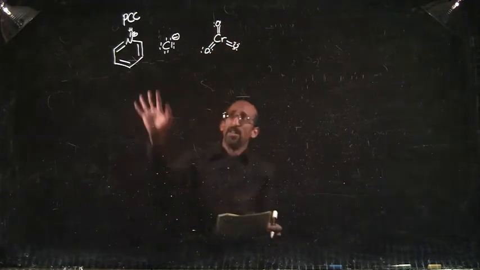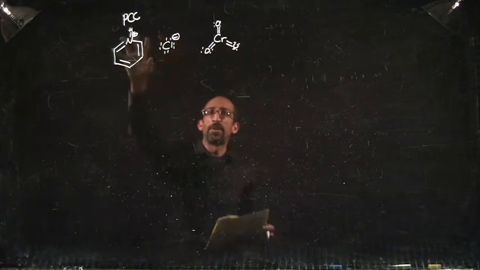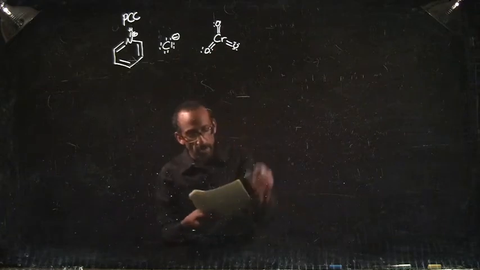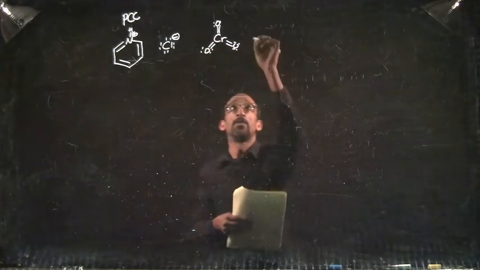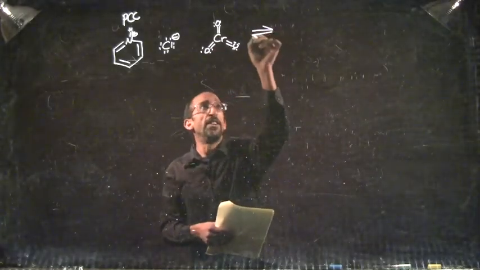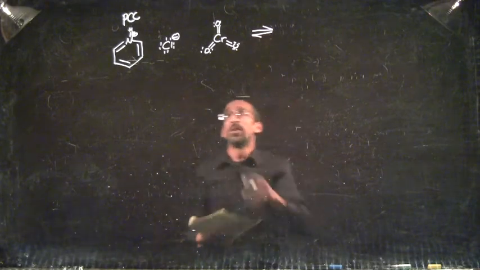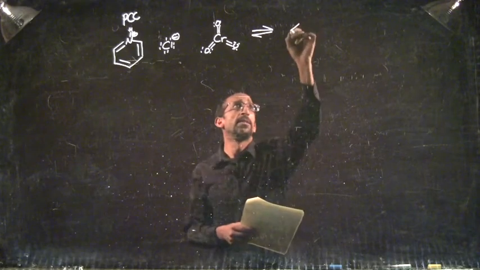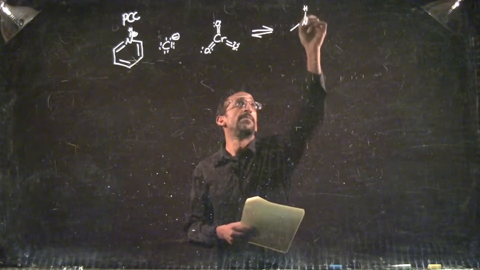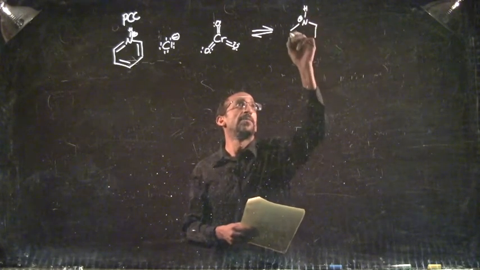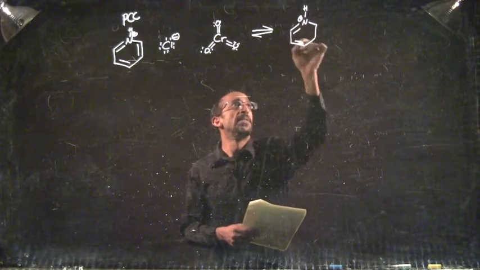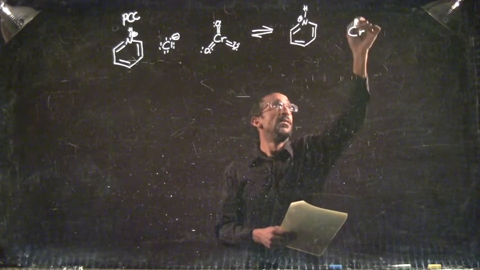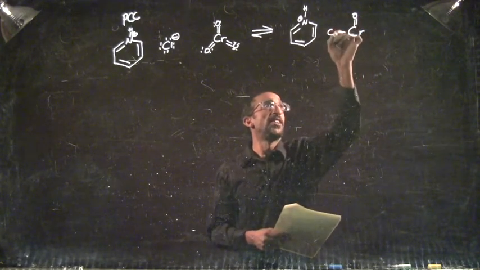Now, these two species, this pyridinium chloride salt and our chromium oxide, chromate, are in an equilibrium where the chlorine ion actually attacks into the chromium to give us a species that looks like this.